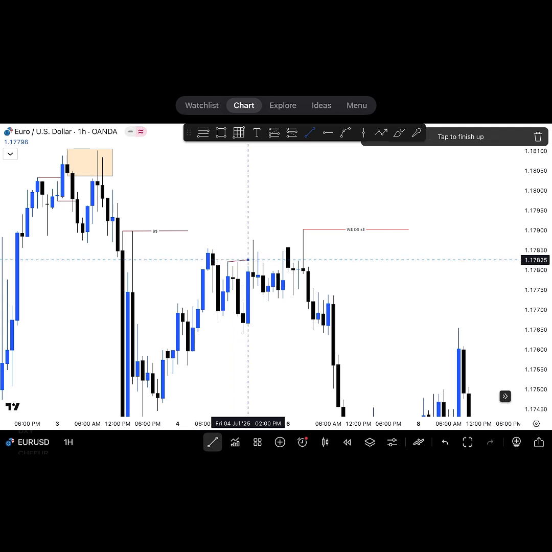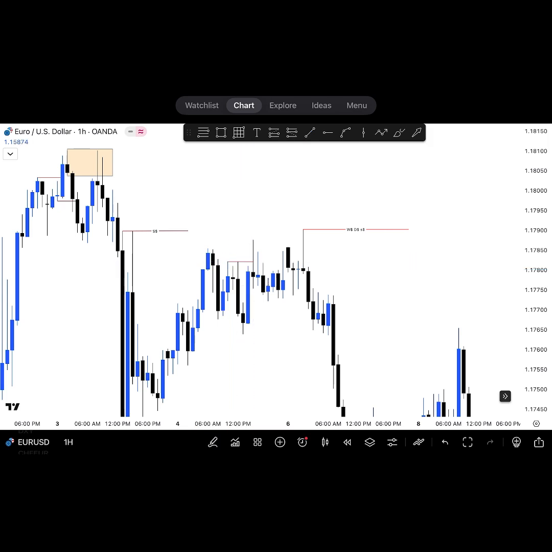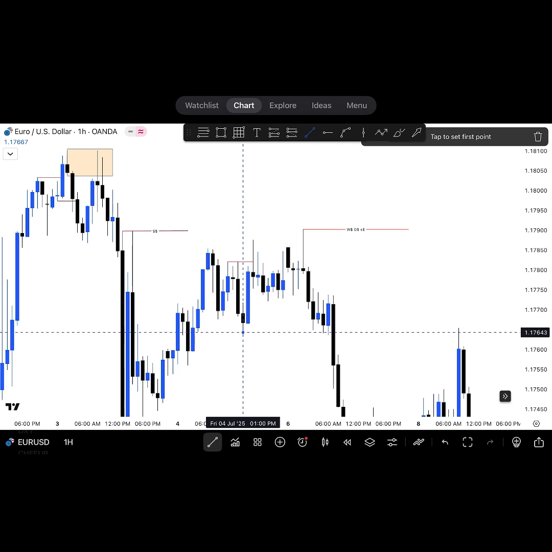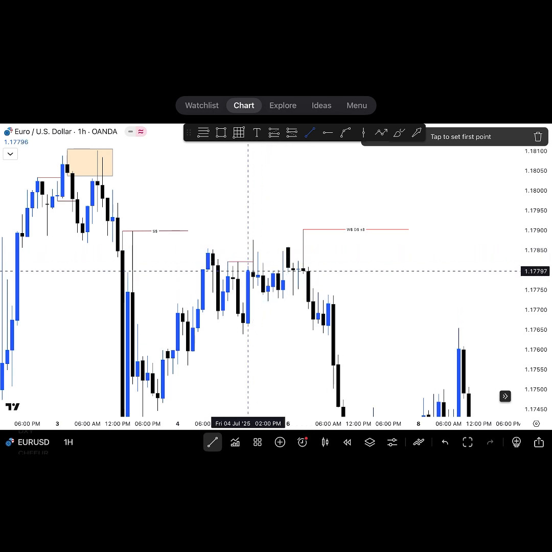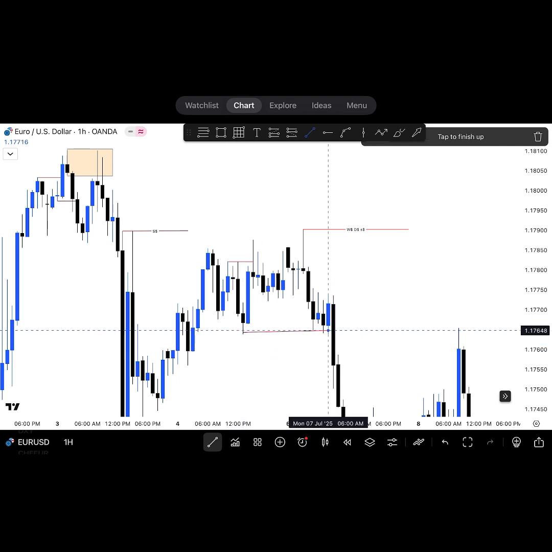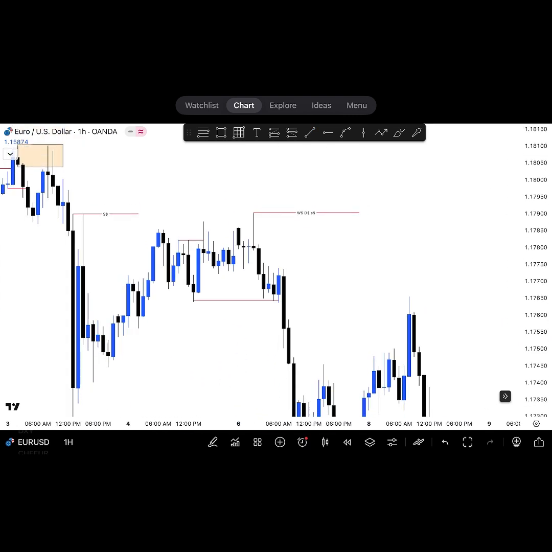Same thing here. Price took out this liquidity, swept it to the left. Price took out this particular, okay, let's use this. Okay, this is it. Price took out this particular valid demand zone. See what happened here?